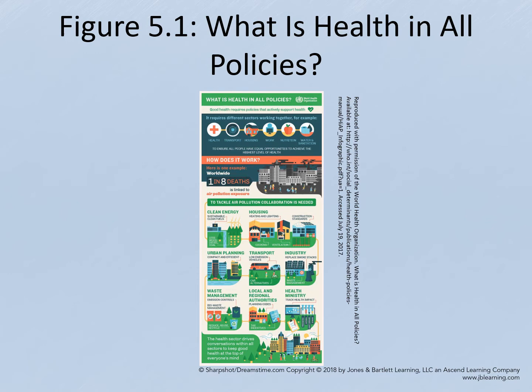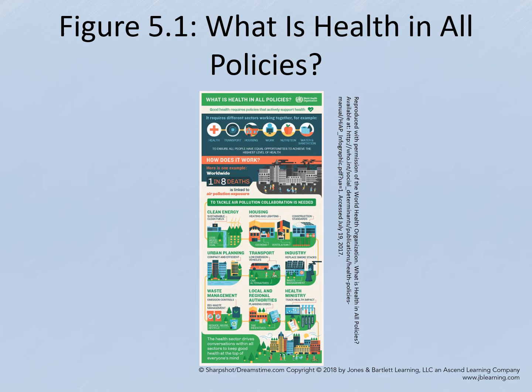In WHO, this pamphlet says that health in all policies requires different sectors working together, for example health, transport, housing, work, nutrition, water, or sanitation. So in order to ensure all people have equal opportunities to achieve the highest level of health, we need a collaboration of various sectors in the society.